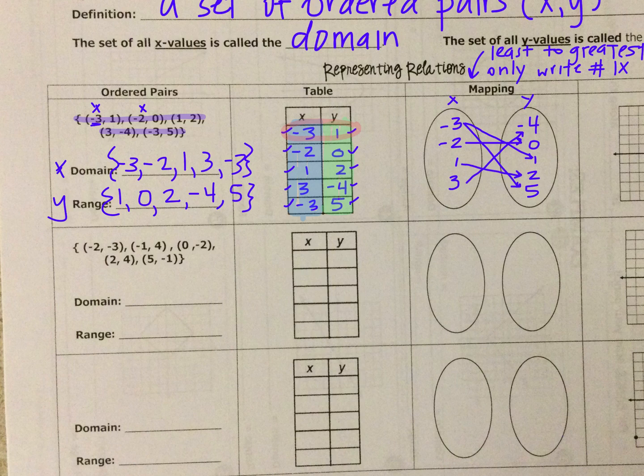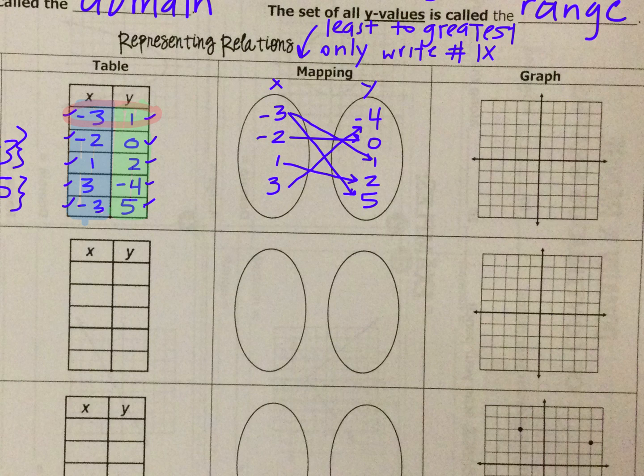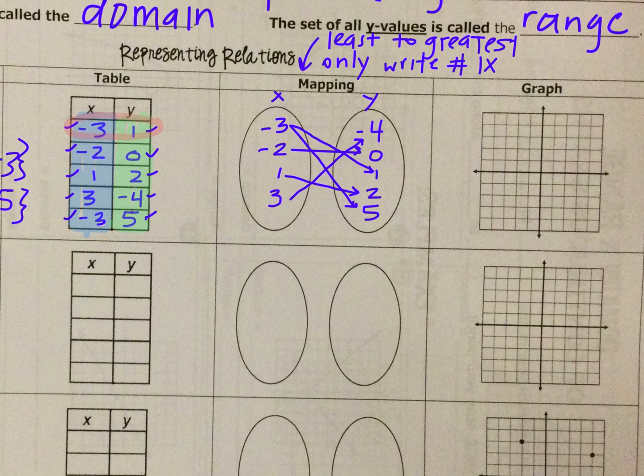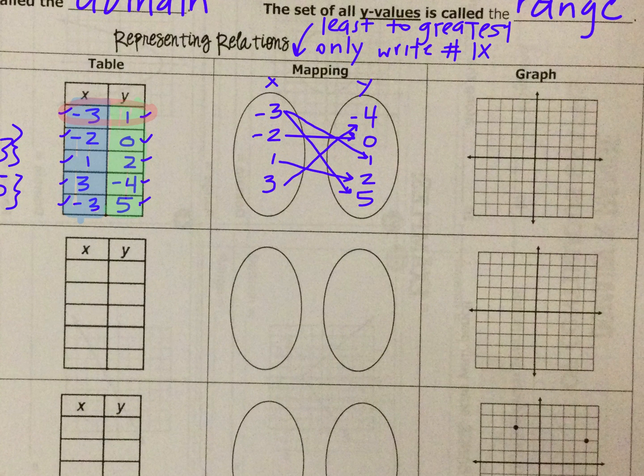All right, the only thing left now is to graph these. So our first point is -3, 1. When we graph, we always go over and then up or down, x, then y. This is your x-axis, this is your y-axis, negative, positive, negative, positive.